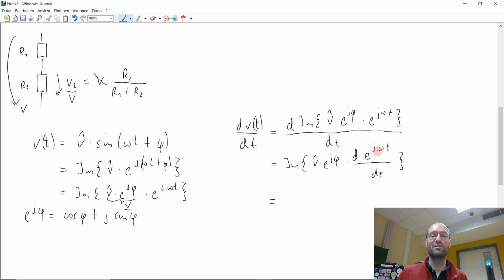So we multiply by j omega, and that's the important thing. At the end we get the imaginary part of v times e to j phi times e to j omega t multiplied with j omega.